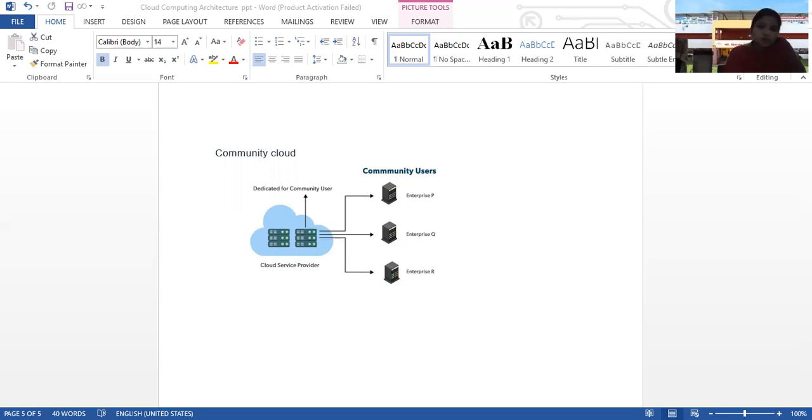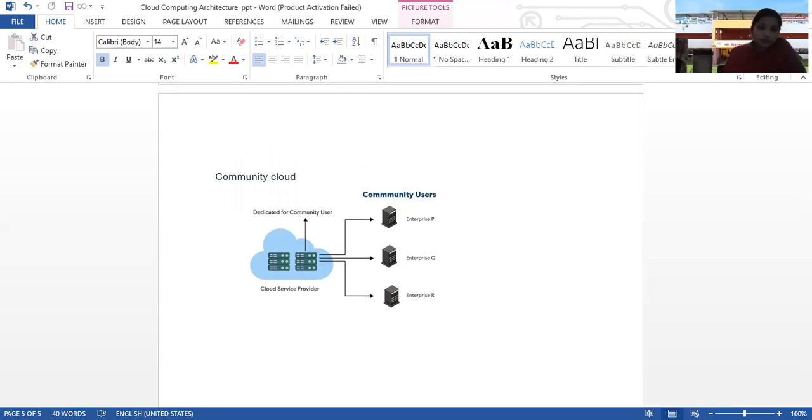Let's discuss the sectors that use community clouds. The first is the media industry. Media companies are looking for a quick, simple, low-cost way of increasing the efficiency of content generation.